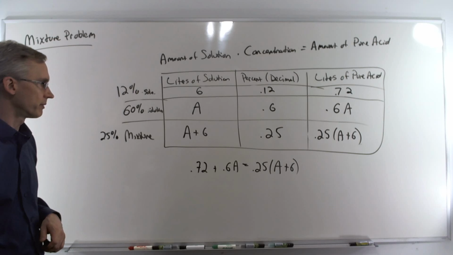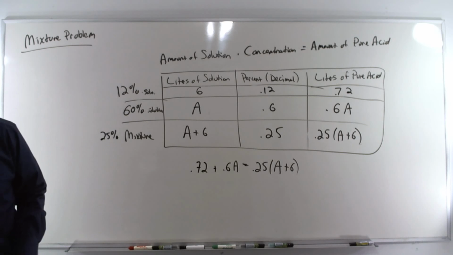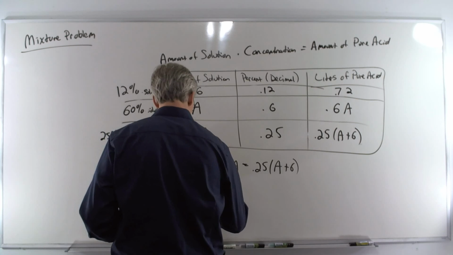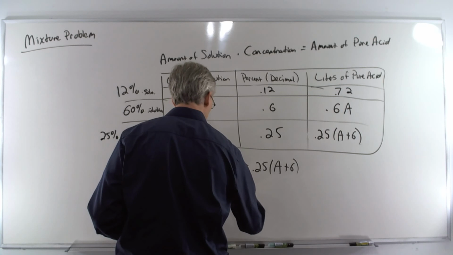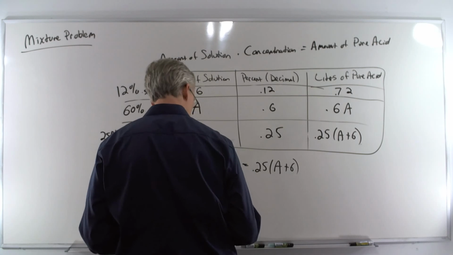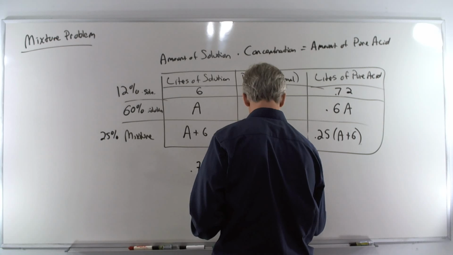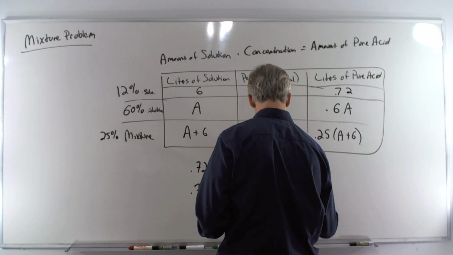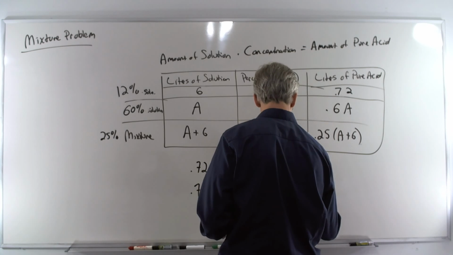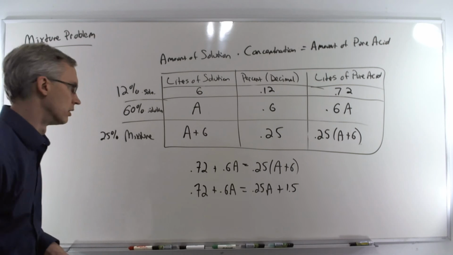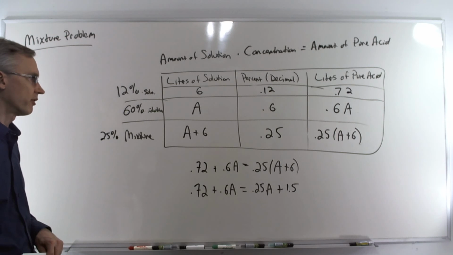All right, now we'll distribute. I just got 0.25A plus 1.5.